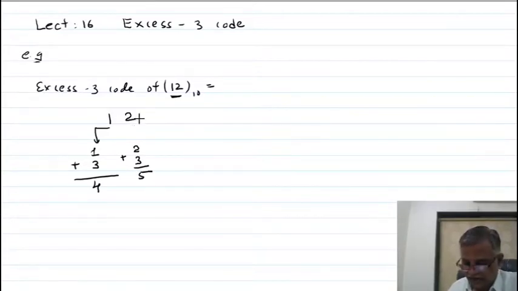So I have added, look here, decimal number 3 to the first digit and the second digit separately.